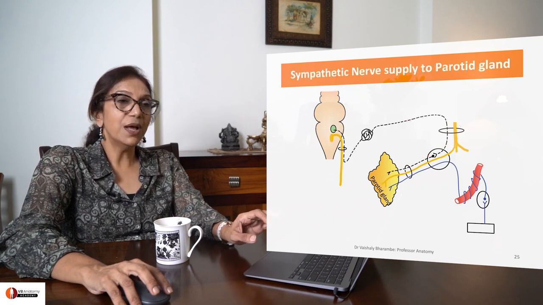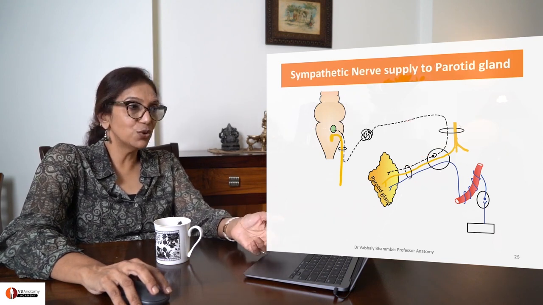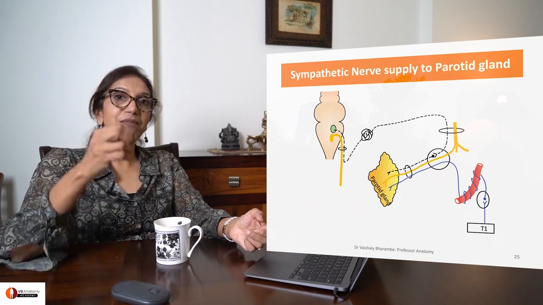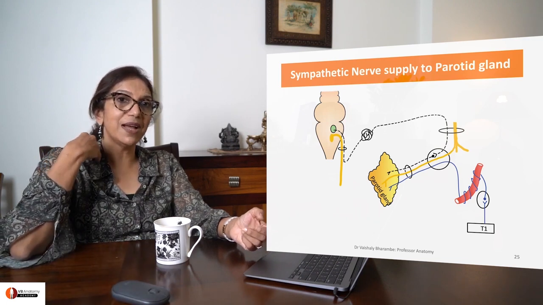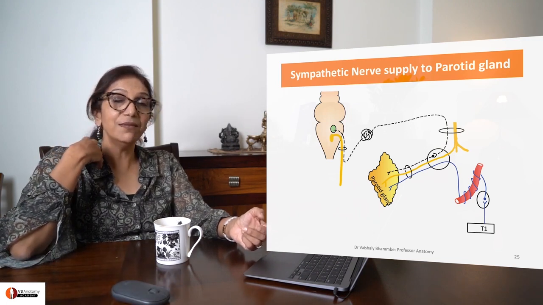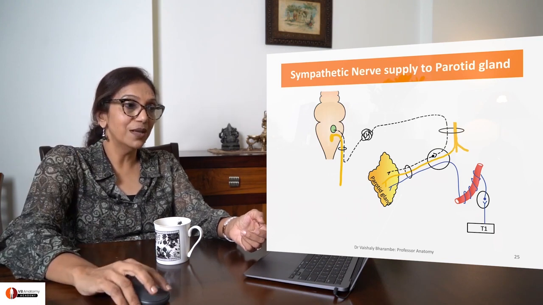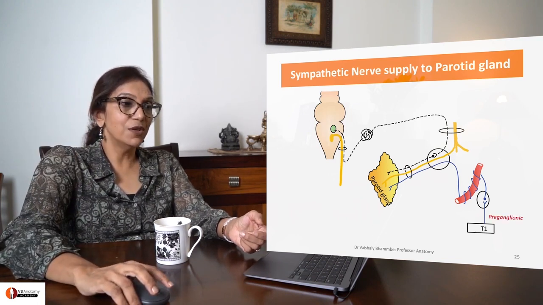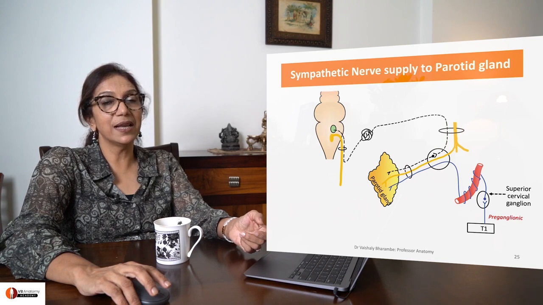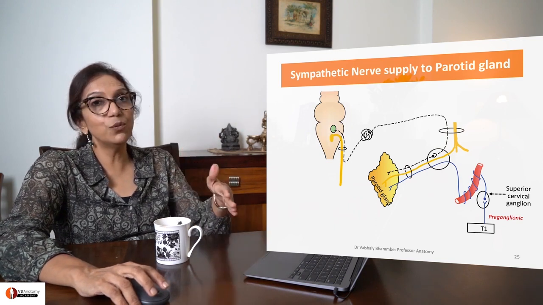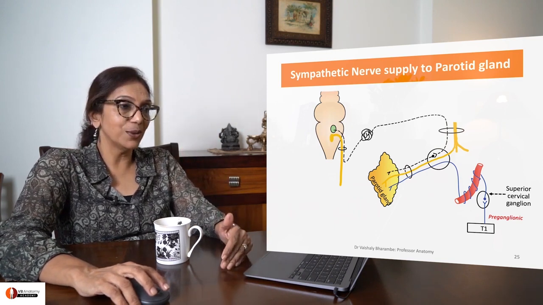Right. So now let's go to the next image, which shows that from the T1 spinal cord, fibers emerge which go to the superior cervical ganglion. Because they are before the ganglion, what do I call them? Preganglionic.